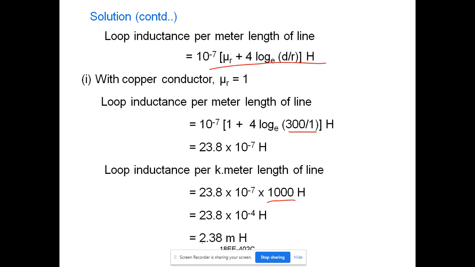Finally, we get 2.38 millihenries. This is the answer for loop inductance for a copper conductor.